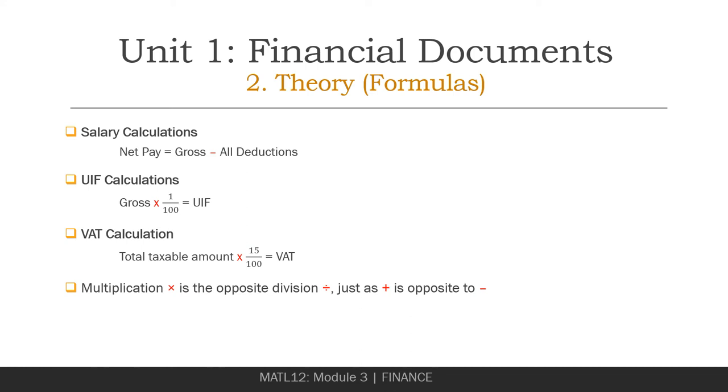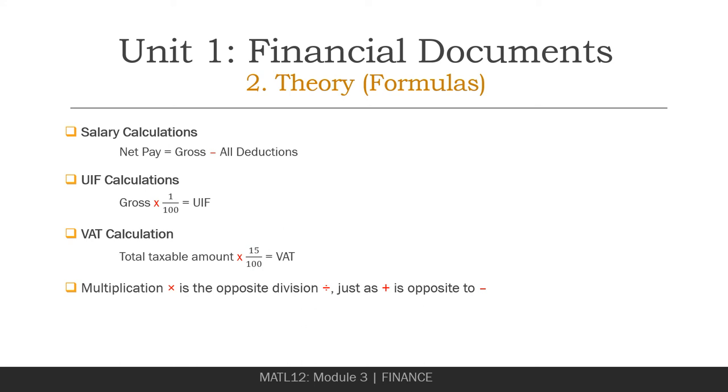So multiplication is the opposite of division, just as addition is the opposite of subtraction. So what does that mean? In a case where, for you to do something, you need to multiply, to get the other result you actually need to divide. So that's what I mean by multiplication is the opposite of division, and addition is the opposite of subtraction.